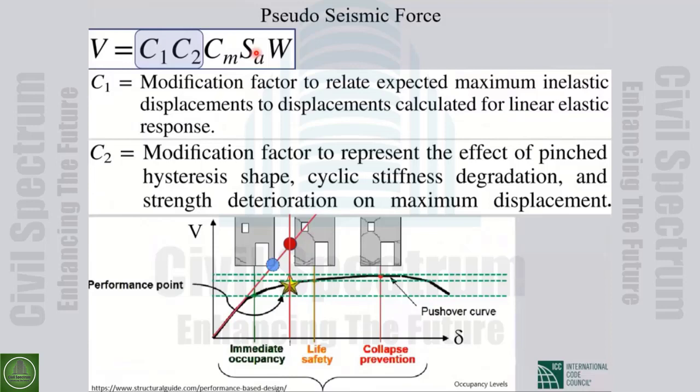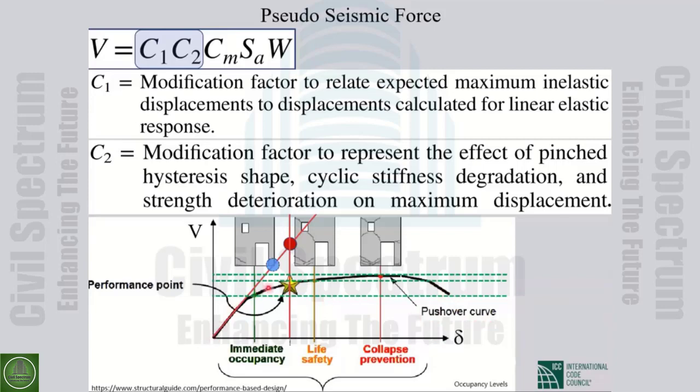Then there is a philosophical concept here. If we push a building until its collapse, we expect to have a curve like this. We call it the pushover curve, or capacity curve.